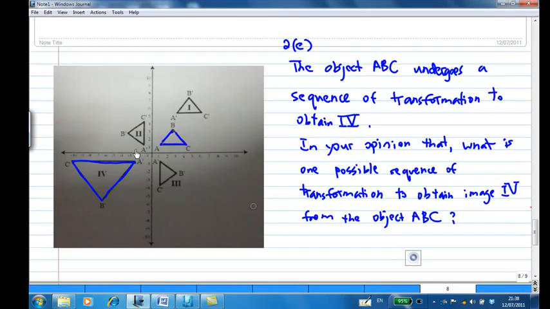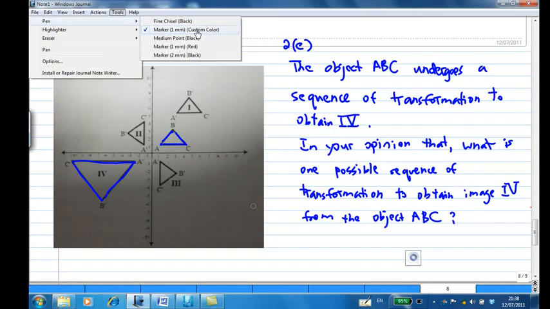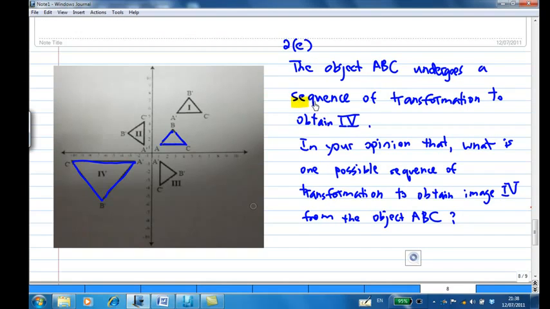In your opinion, what is one possible sequence of transformations to obtain image 4 from the object ABC? Notice the highlight is a sequence. The question indicates that we are looking for a sequence of transformations, so you have to give a series of transformations that will produce image 4 from ABC.